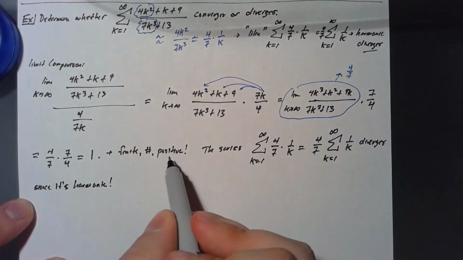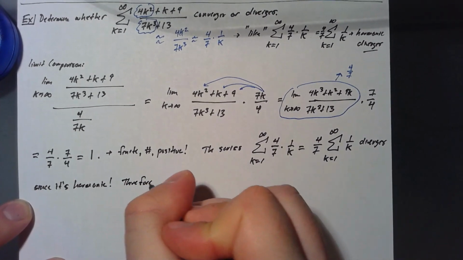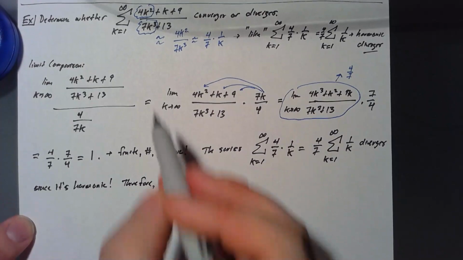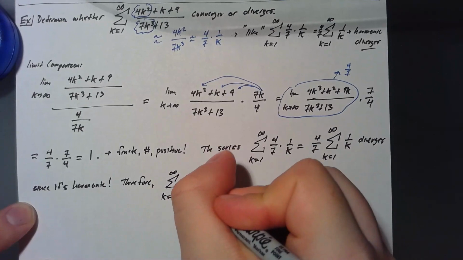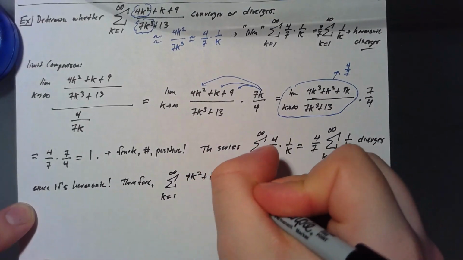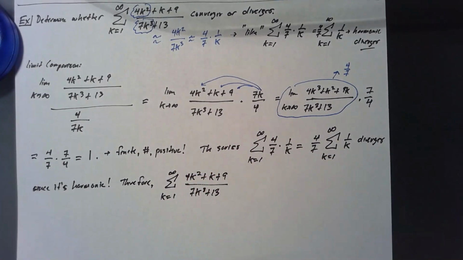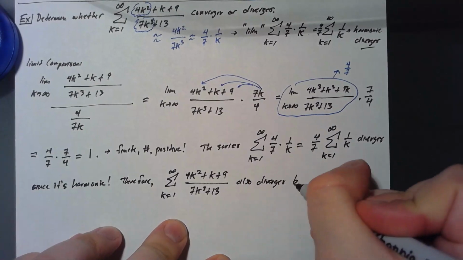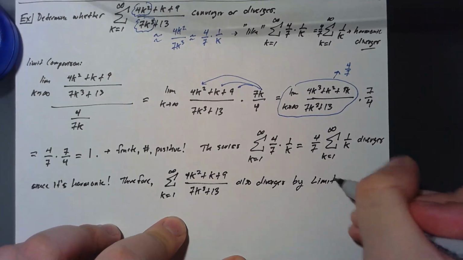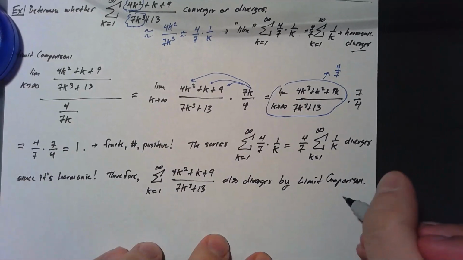And since I got a finite positive number, and the series I compared it to diverges, I could say, therefore, they behave the same way, which means, therefore, the original series does what? That also diverges, by limit comparison. And that's it.